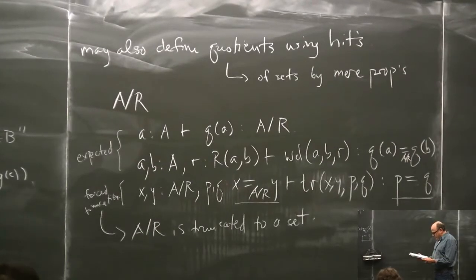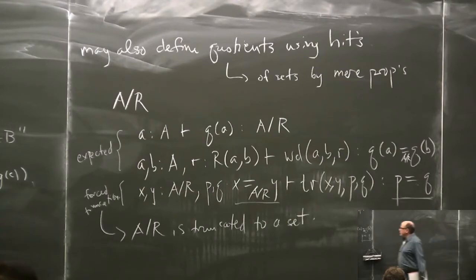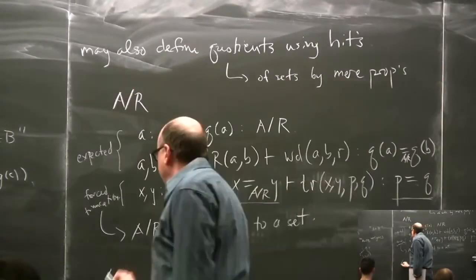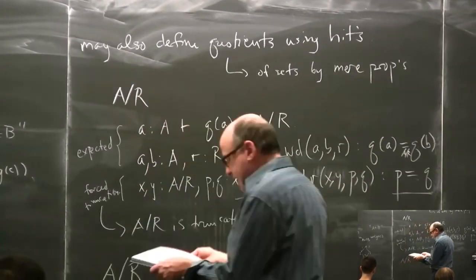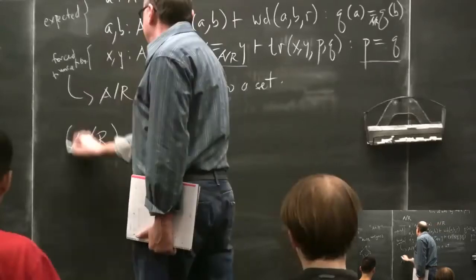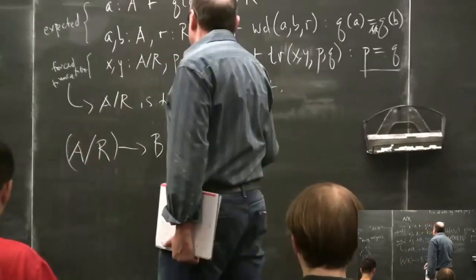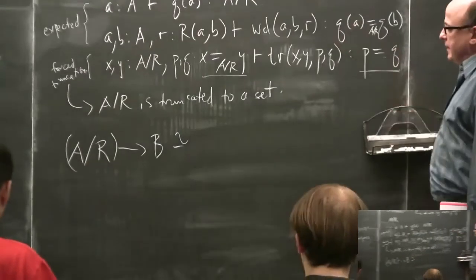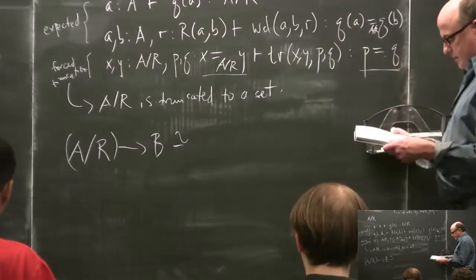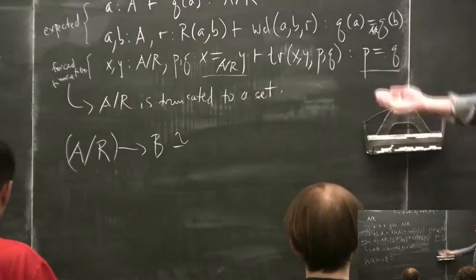And then the book characterizes, you can find that in the book, I'm doing this one quickly, that if you look at the maps from A mod R to B, given the requirements that are imposed by the higher inductive definition, what do you suppose this is going to say?